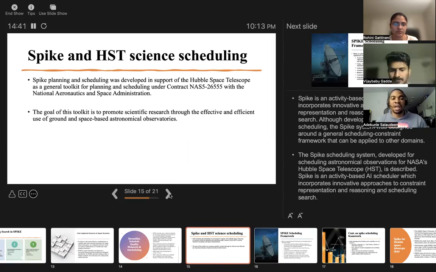Looking at this activity, Spike is an activity-based AI scheduler, which incorporates innovative approaches to constraint representation and reasoning and scheduling research. Although developed for space telescope scheduling, the Spike system was also designed around a general scheduling constraint framework that can be applied to other domains.